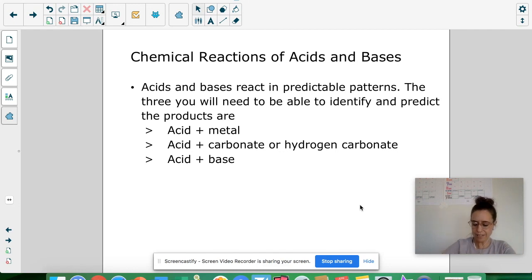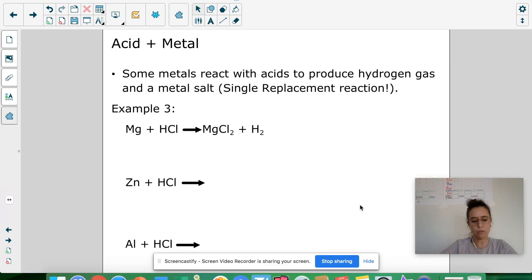The first example is acids reacting with metals. The first thing you need to learn is to identify what's the acid and what's the metal, because if you see an acid and a metal together, then you should be able to identify the product. For example, I have HCl, which is hydrochloric acid, and then I have magnesium, which is in group 2, a metal.